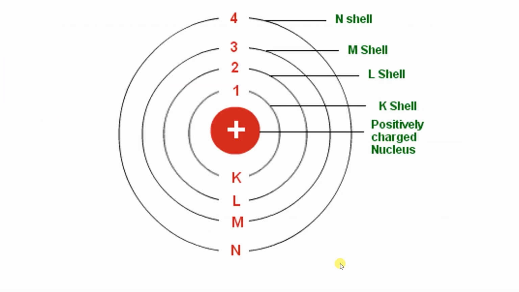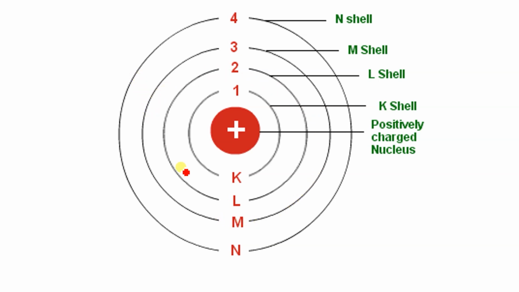This is the Bohr model proposed by Niels Bohr, and he said that in the center is the nucleus, and the electrons are moving in fixed paths. This is one path, another path, the third path, and the fourth path.